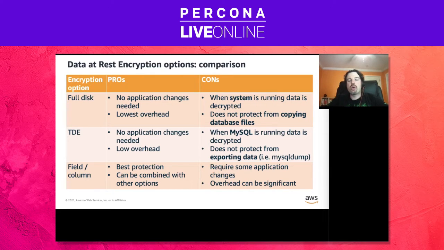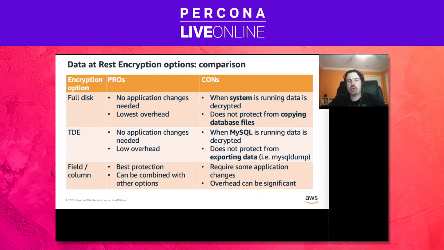It also has pretty low overhead, but the main problem with the TDE is when MySQL is running, then data is already decrypted. So if someone will be exporting data like a MySQL dump, then those data will be coming out as non-encrypted, as clear text.